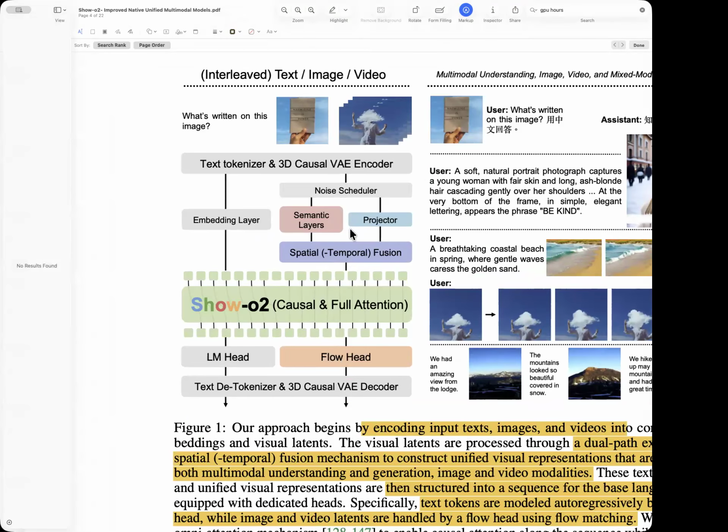Then you combine it again at this Show-O2 attention layer. So my question is, how deep is the native integration really? How much of the processing is really combining the two, versus we do the embedding and then separate processing, and then we can do attention on the outputs in latent space, basically.